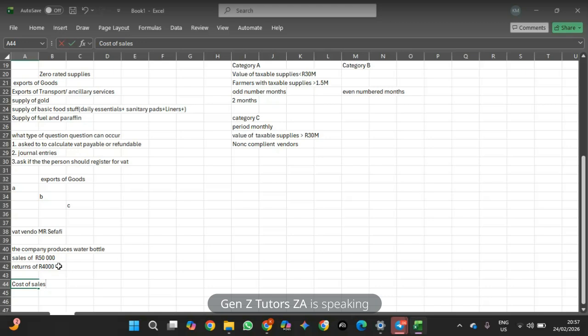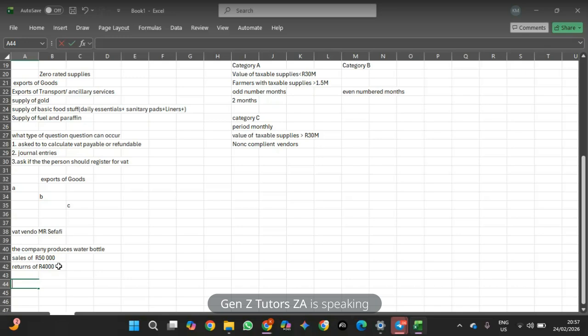Okay, actually, not cost of sales, because you have to remember one thing. The reason I'm trying to avoid using cost of sales is that VAT is levied on the earlier of invoice or payment. And once we have things such as cost of sales, the invoice and the payment have long happened on those inventory items.